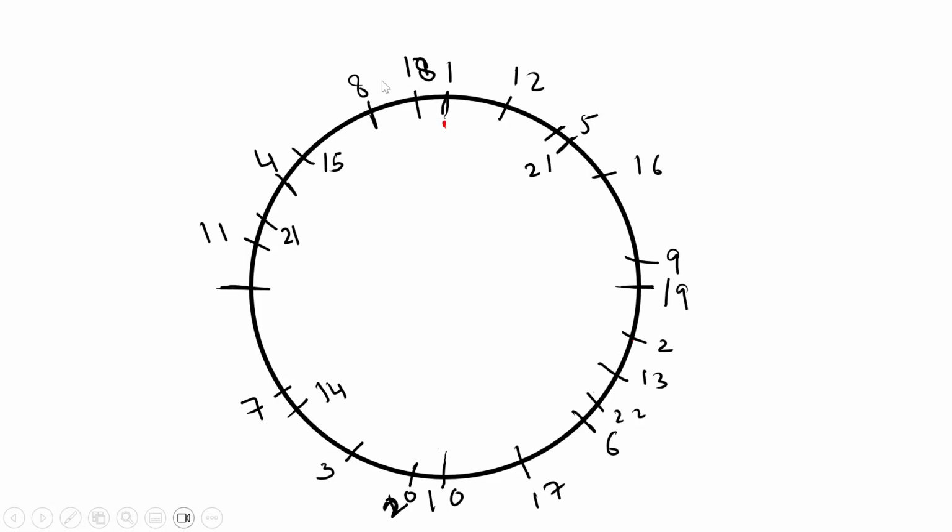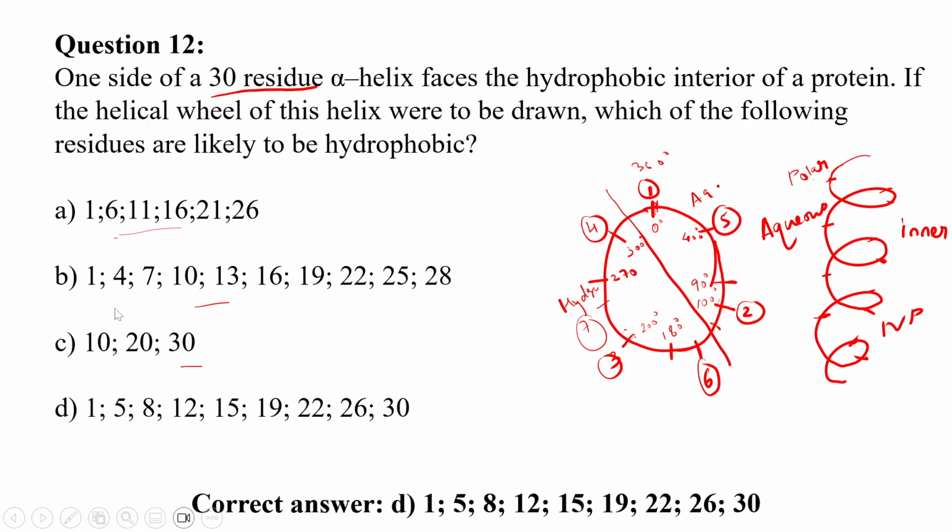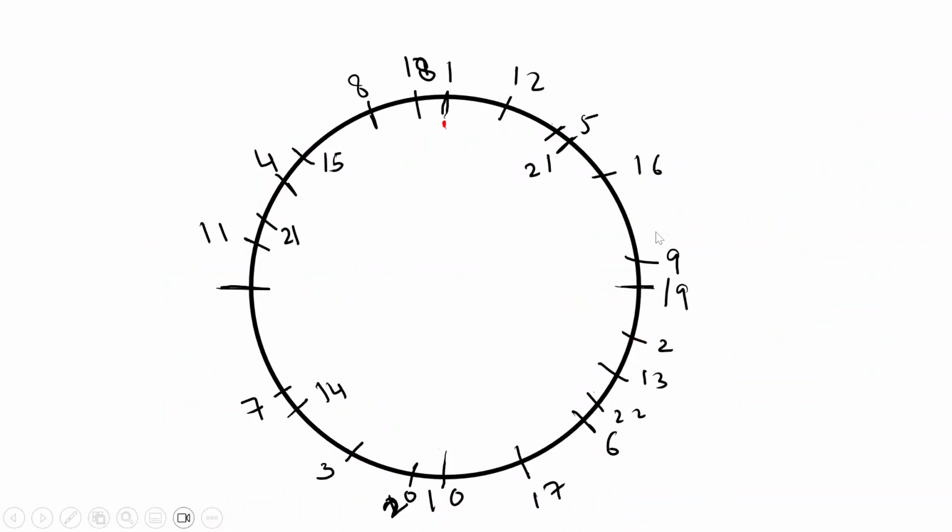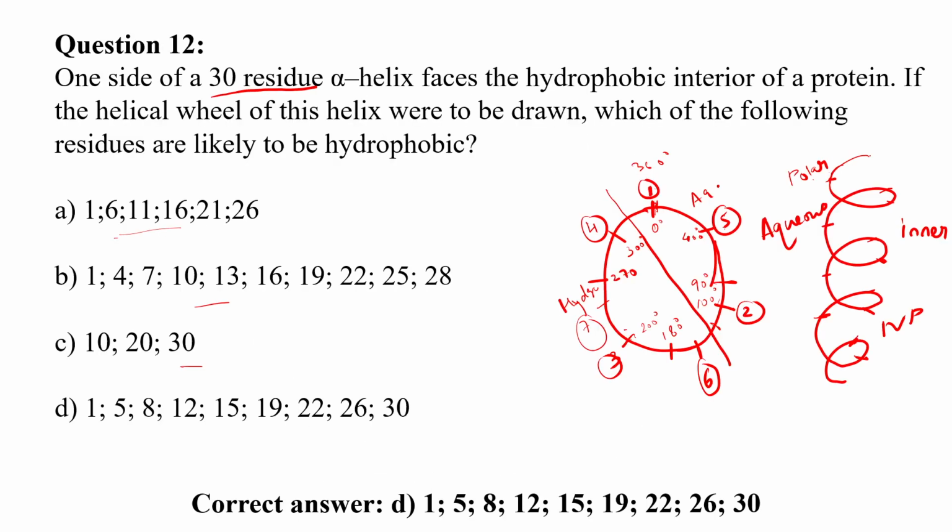Almost the whole circle is getting covered. So this could not be of the same group, and we rule out the second option also. The third option, 10, 20, 30, will definitely be far apart. 10 is somewhere here, 20 is here, but 30 would reach somewhere on the opposite side of the wheel. If you keep marking all the residues, you will find 30 on the opposite side. So they cannot be of the same family.